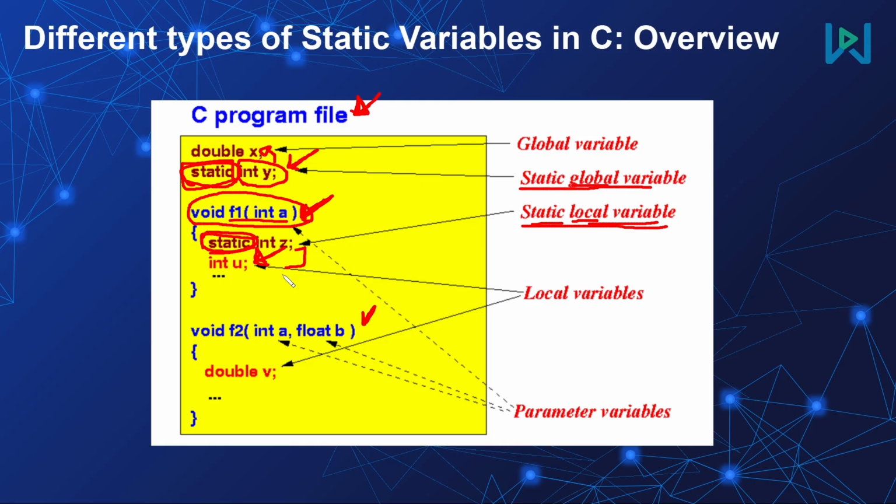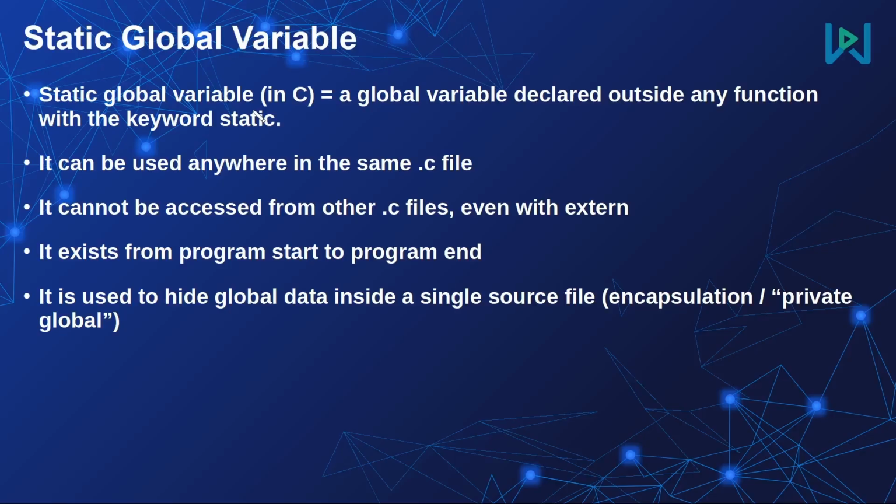Now, in terms of functionalities and the major differences between static global and static local variables: a static global variable in C is a global C variable that has been declared outside the scope of any function, and this globally declared C variable is marked with the static keyword.